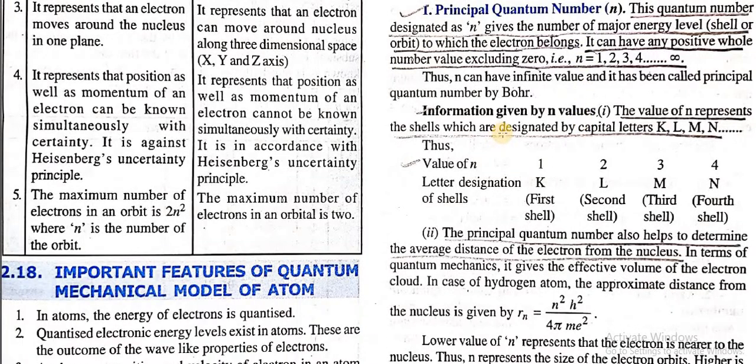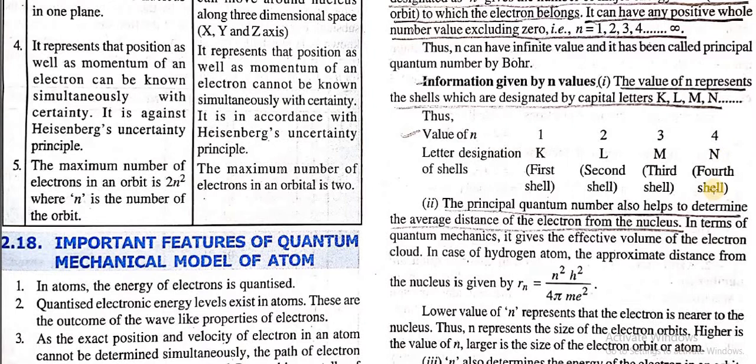Now, the information that this principal quantum number gives us. Number one, the value of n represents the shell, which is designated by capital letters K, L, M, N. For example, if the value of n is 1, then it is the first shell, that is the K shell. If the value of n is 2, then it is the L shell. If it is 3, then the M shell. 4, N shell.